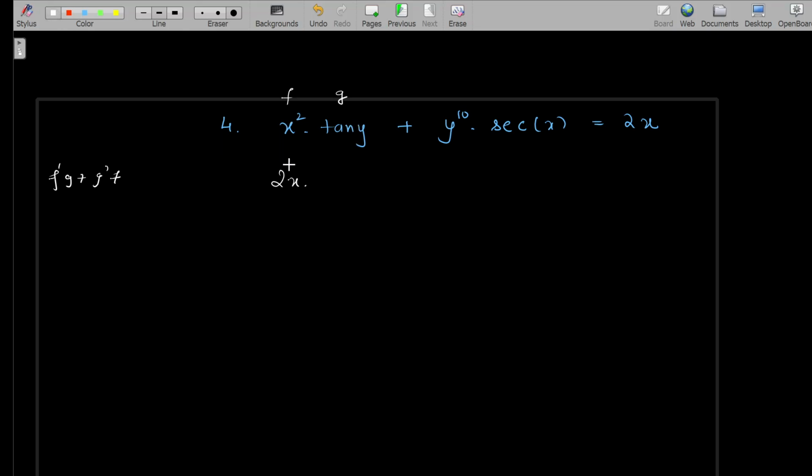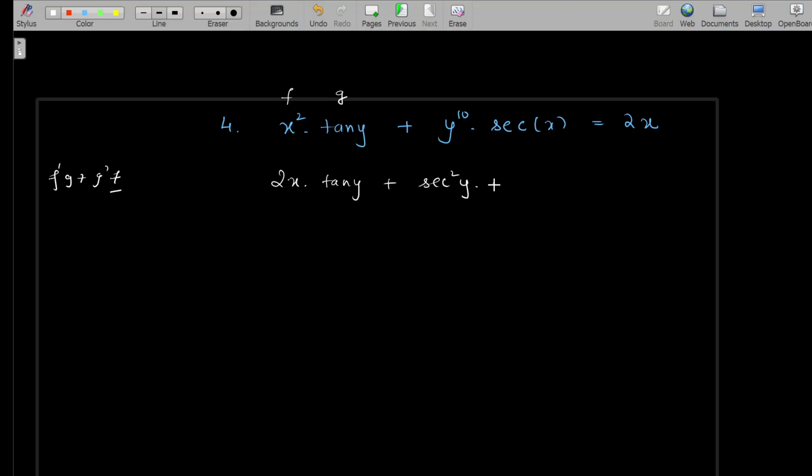Then secant 2y times 2x, times 10y, plus secant 2y times 2x. No, you keep f as it is. I don't know. I kept saying x squared.